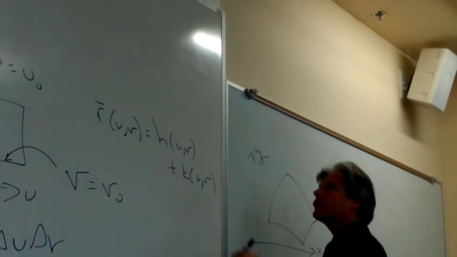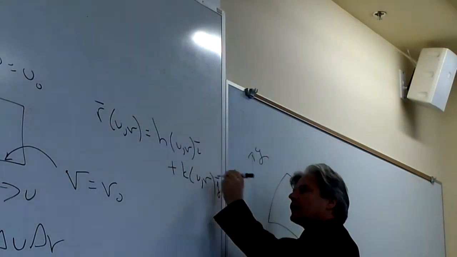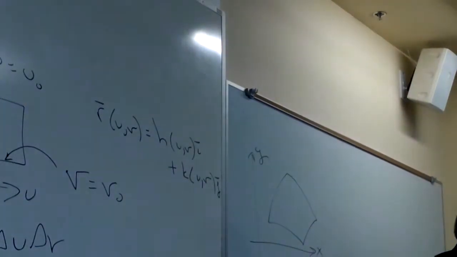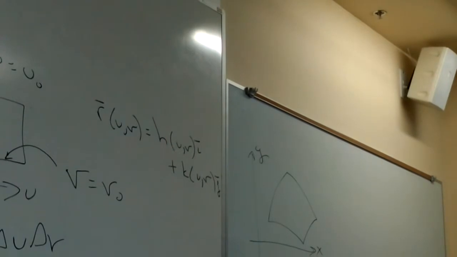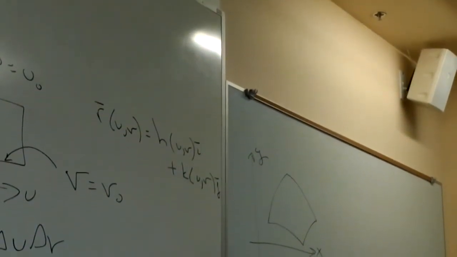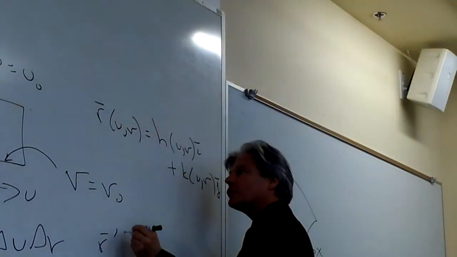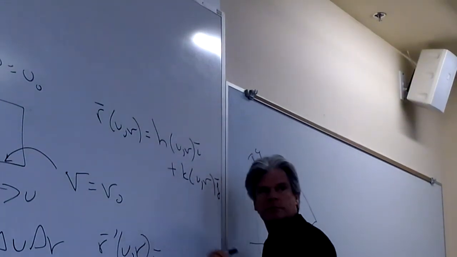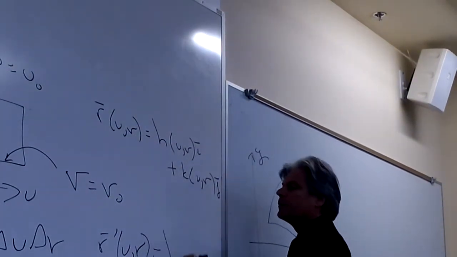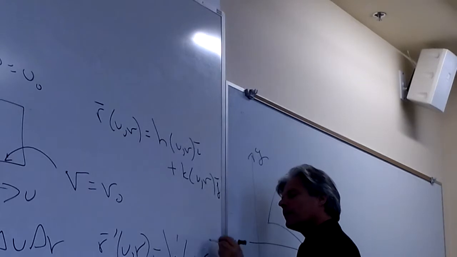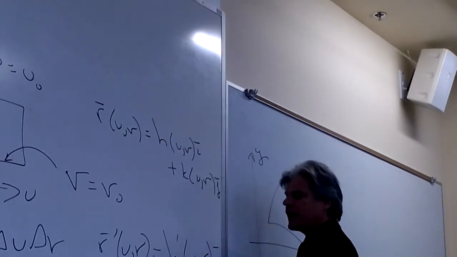Oh, did I forget my i bar and j bar? It's a vector valued function. But the functions h and k are real valued functions of both u and v. And I maintain that if I were to differentiate this vector valued function, all I'm really going to get is this. I'm simply going to get my h prime plus k prime.